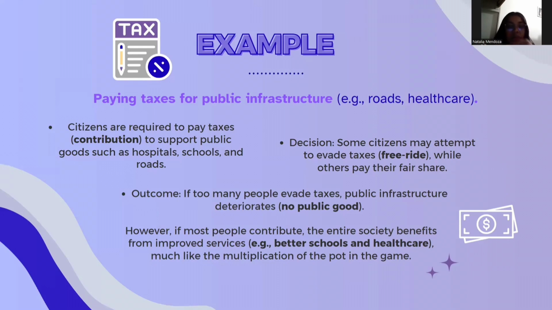The decision here would be that some citizens may attempt to evade taxes, that's called free riding, while others pay their fair share. The outcome here is that if too many people evade taxes, public infrastructure deteriorates. However, if most people contribute, the entire society benefits from improved services, for example, better schools and better healthcare, as well as better roads, much like the multiplication of the pot in the game.